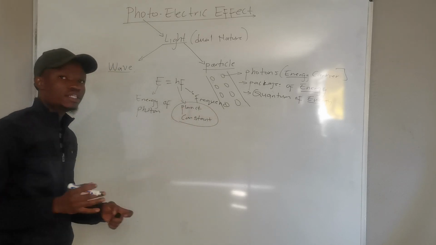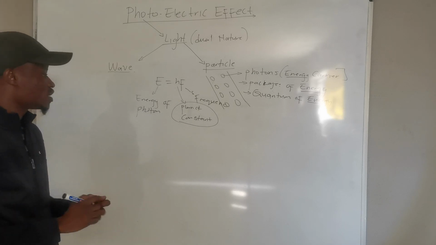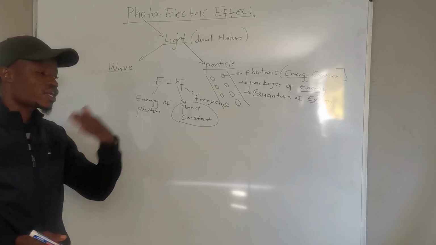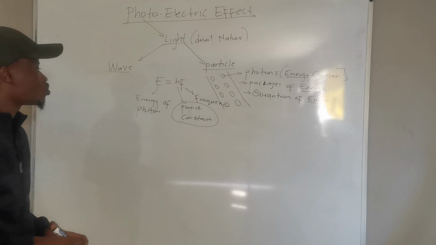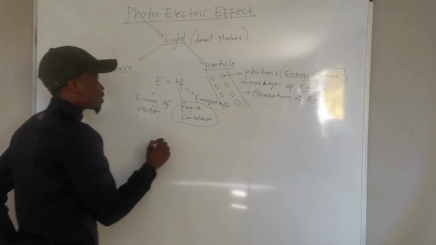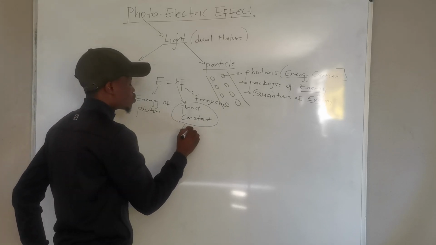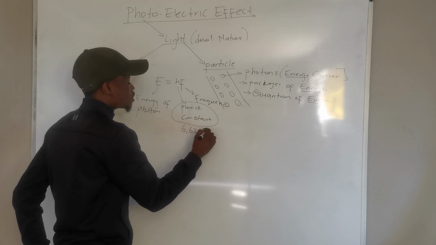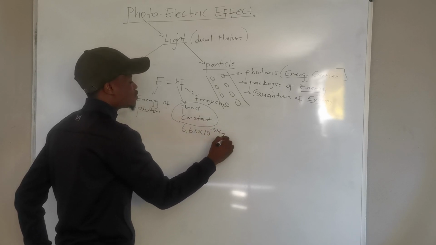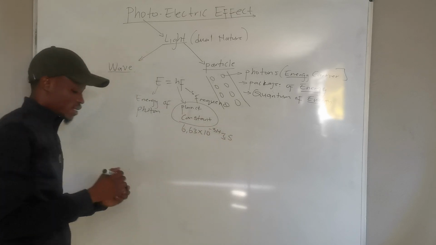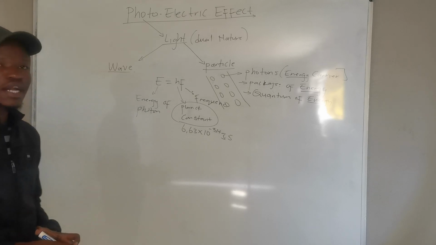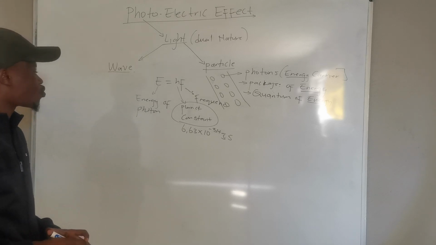The Planck constant is always given in the formula sheet, or rather in the data sheet. You don't have to worry about that. It is equal to 6.63 times 10 to the power minus 34 joule seconds. So that is what we are going to be having.